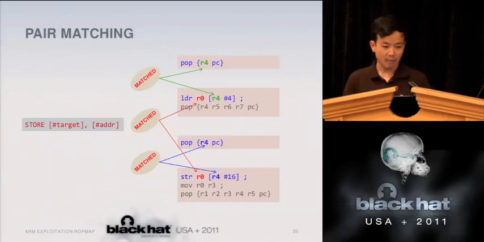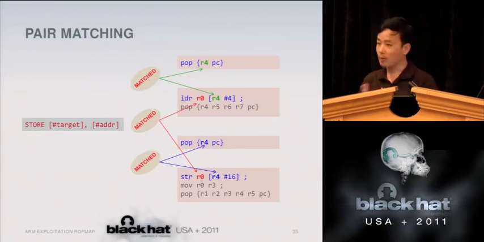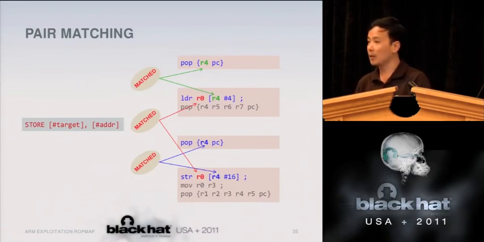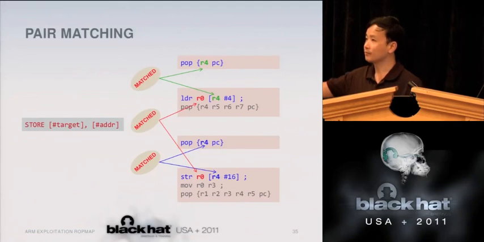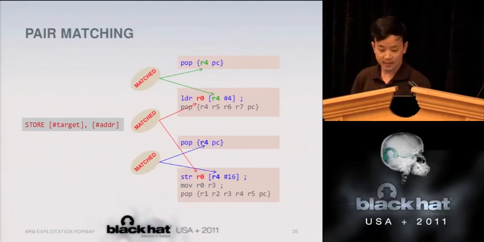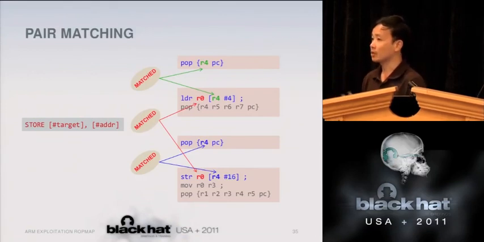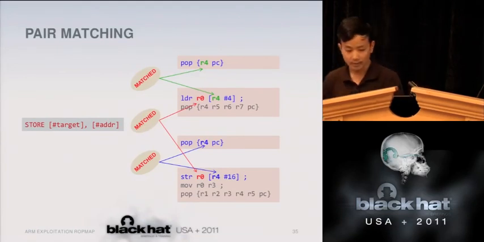So the first one is pair matching. Here we see an example of the store instruction. We want to store a value referred by an address to the memory pointed to by the target. The last instruction will be STR to store a value, so here we have STR R0 to R4 plus 16.